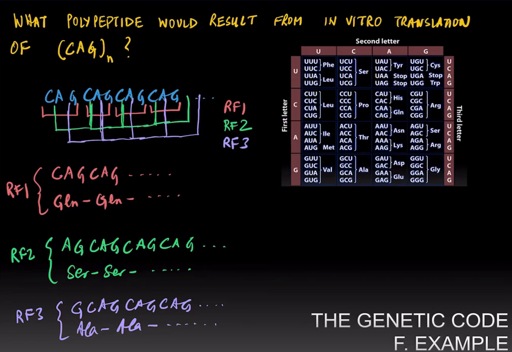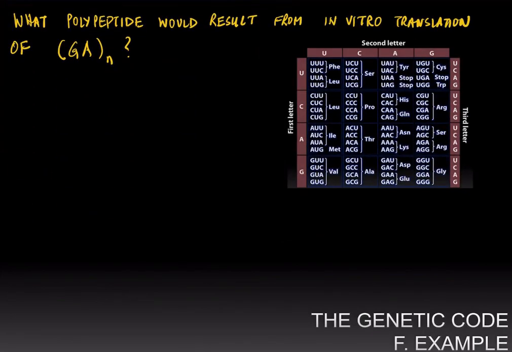Next, let's look at another example where we have to determine the amino acids or the polypeptide that would result when we do an in vitro translation of repeats, where we are repeating not 3 letters but just 2 letters, GA.